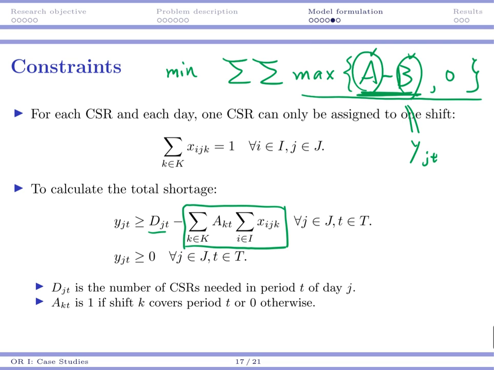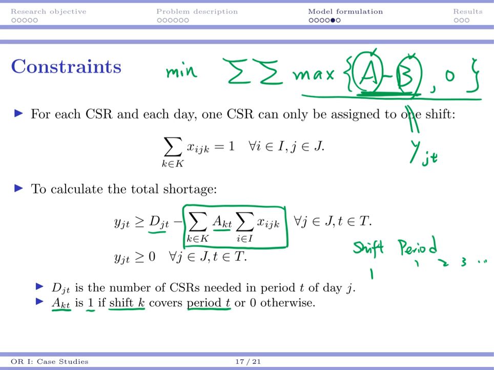This is the amount of supply we have for that particular period. We need a parameter called AKT. AKT is 1 if shift K covers period T, or 0 otherwise. So what does that mean? Suppose we have a shift 1, and we have some time periods, let's say period 1, 2, 3, and so on.